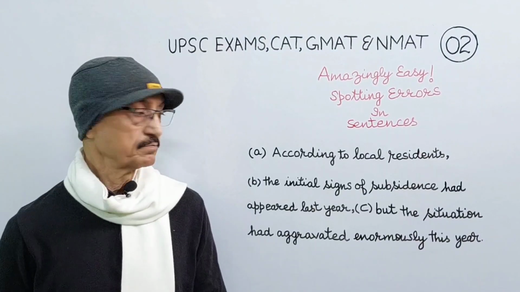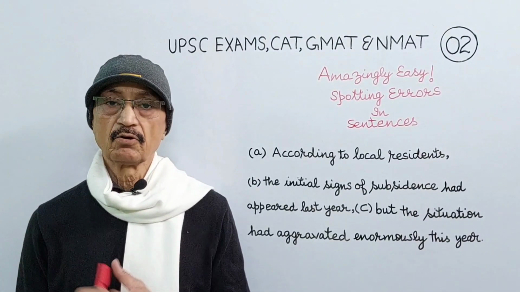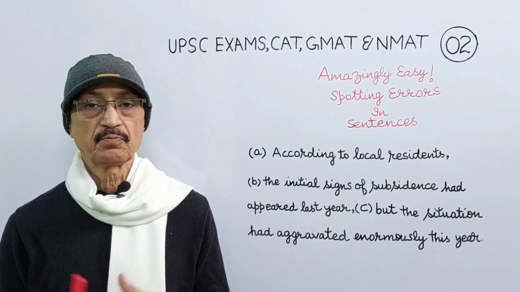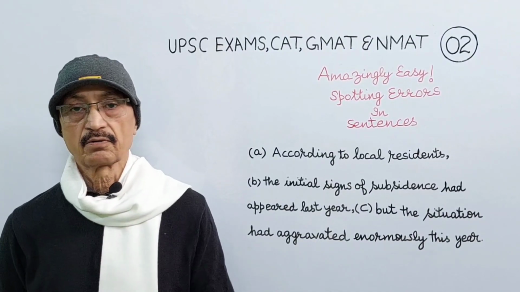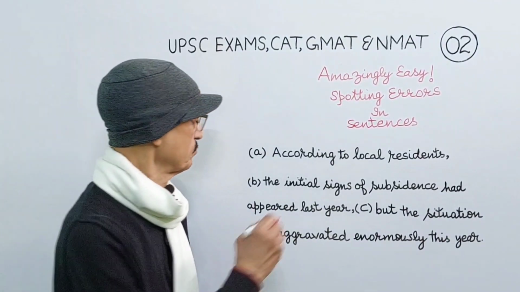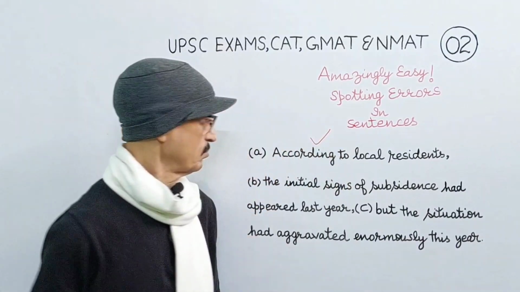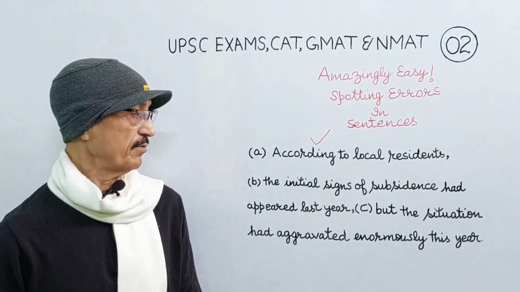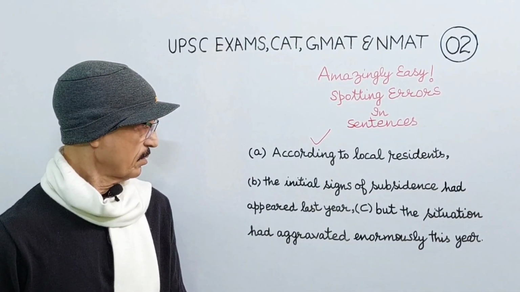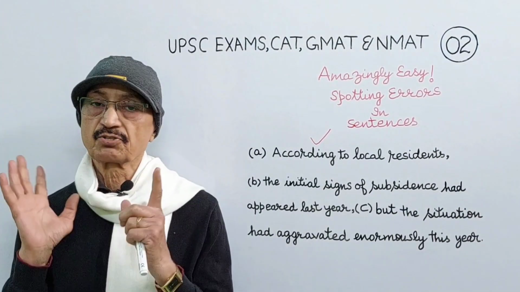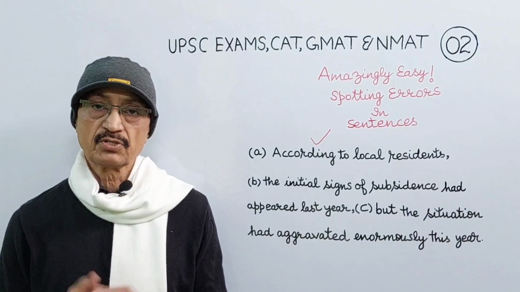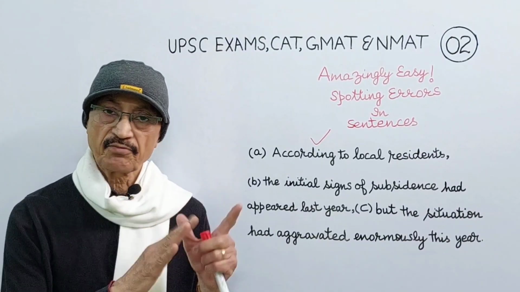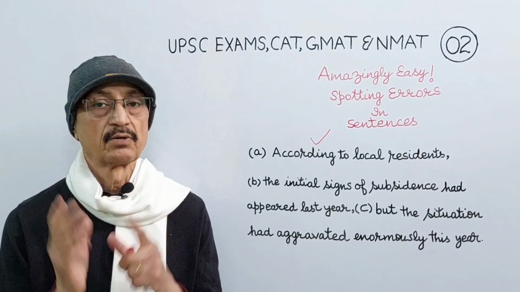Take part A. According to local residents, very simple, there is nothing wrong in part A. Part B, the initial signs of subsidence had appeared last year. This is correct. Past perfect tense has been used here.